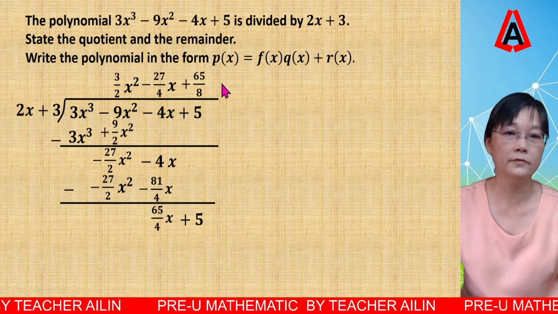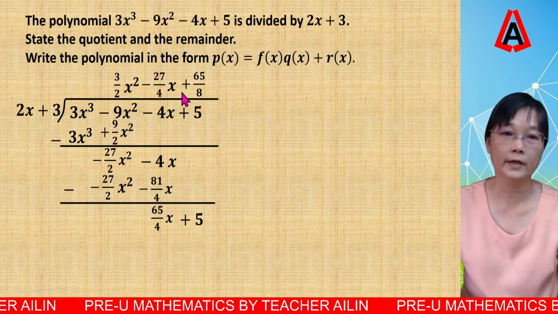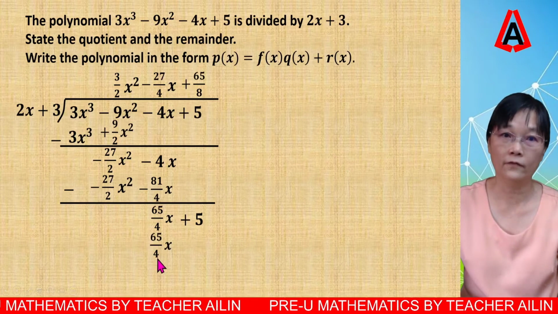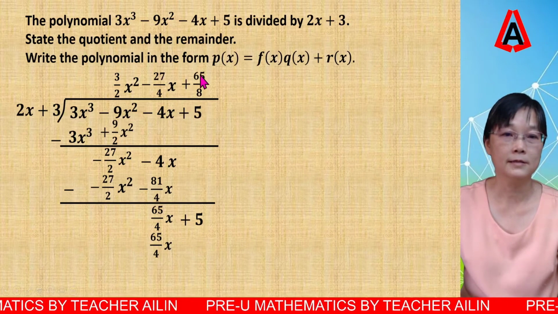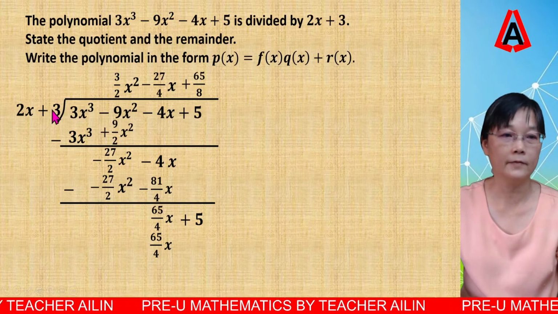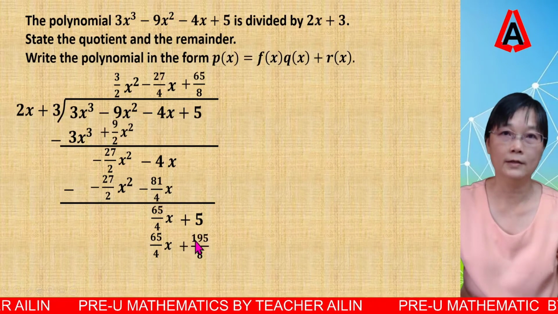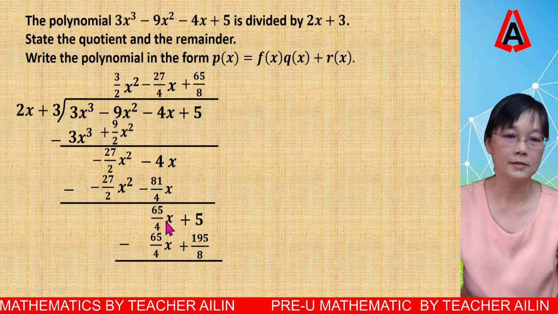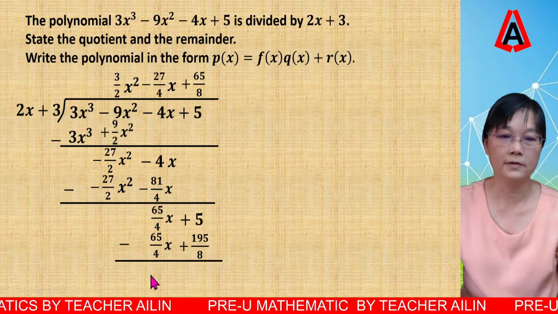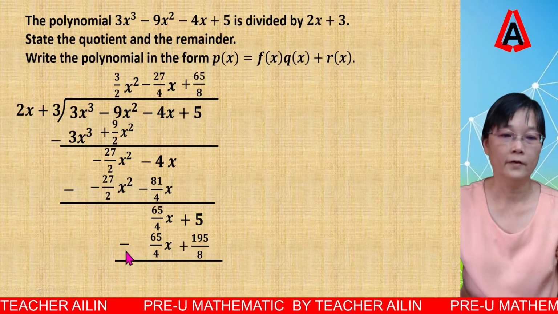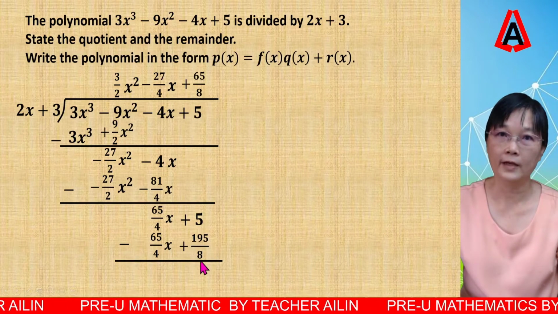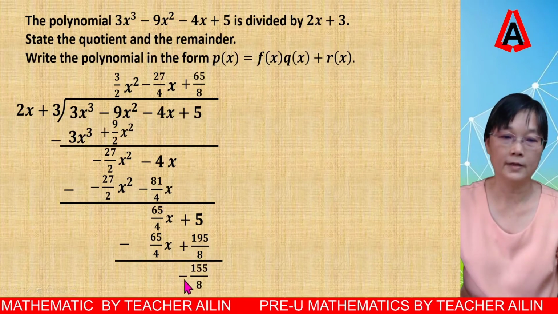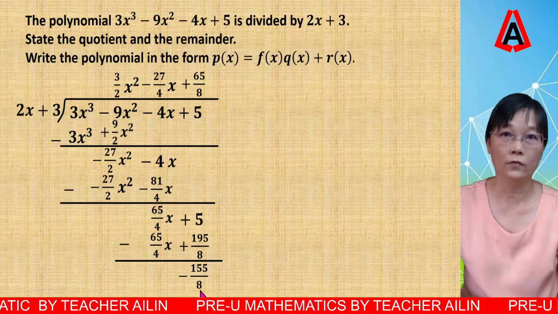Now we continue. 65 over 8 times 2, we get 65 over 4, and 65 over 8 times 3, we get 195 over 8. Then we subtract, so the x term becomes 0. Then 5 minus 195 over 8, by pressing the calculator, we get negative 155 over 8.